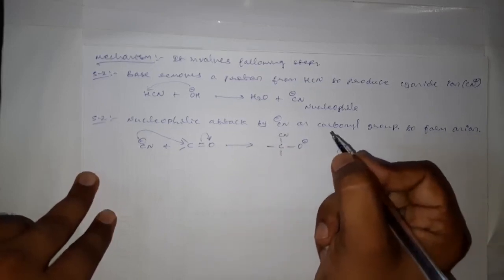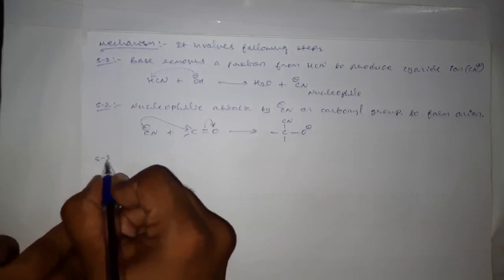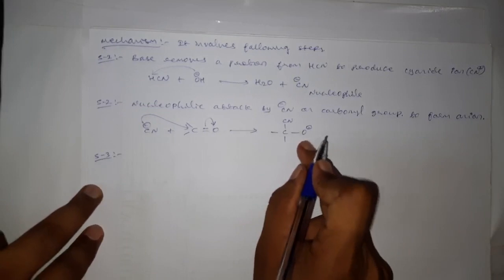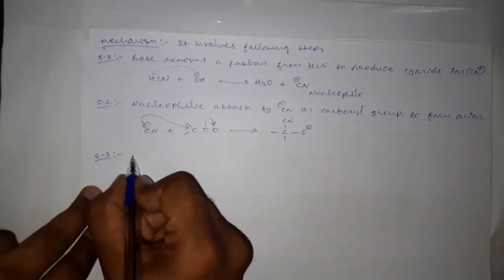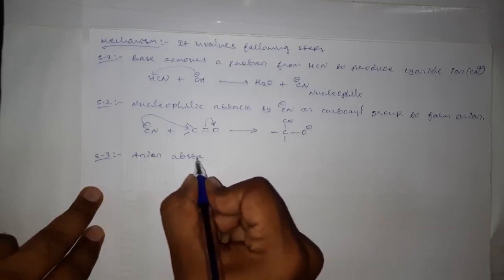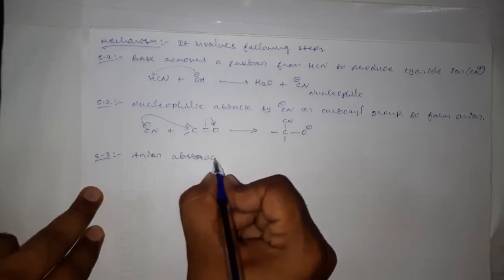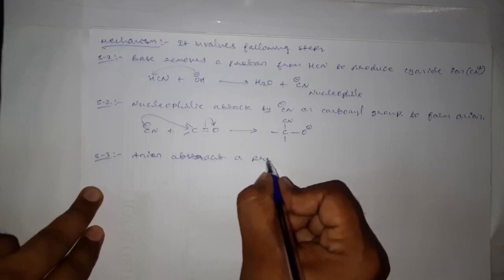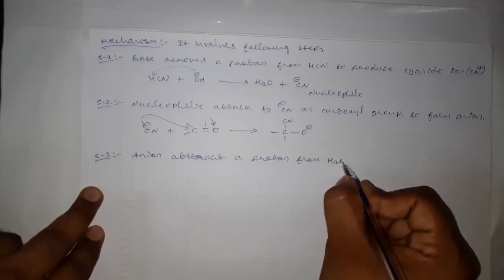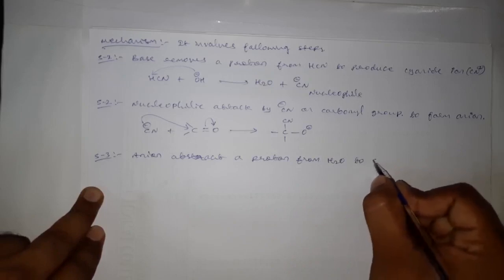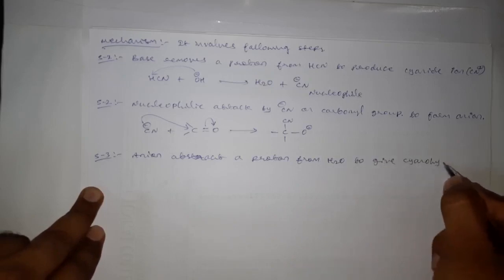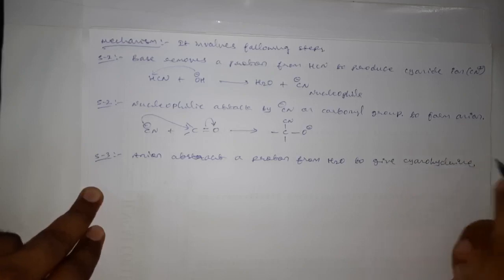Then in the third and last step, this negatively charged ion abstracts a proton from water to give cyanohydrin.